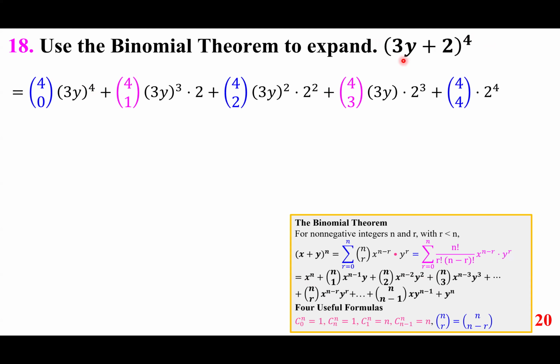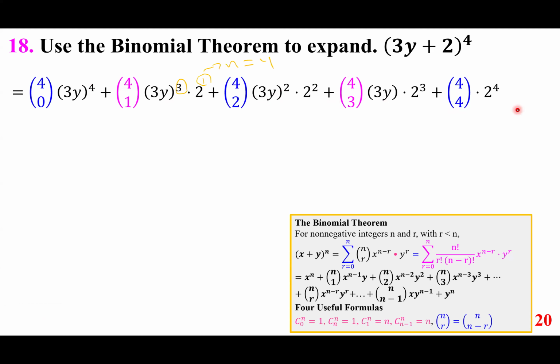Secondly, the first term to the power of 4, and the next one to the power of 0 is 1. Then the first term to the power of 3, you go down by 1, and this has exponent 1. See, when the exponent is missing, the exponent is 1. These two add up to n, which is 4. Then you go with this one, 4 choose 2, (3y) squared, 2 squared, 4 choose 3, (3y) times 2 cubed, and 4 choose 4, 2 to the power of 4.